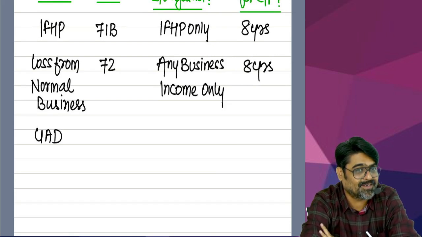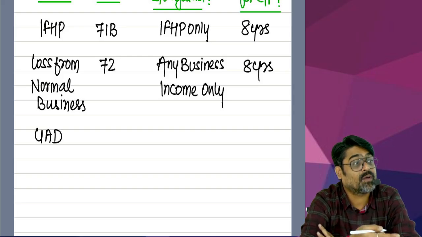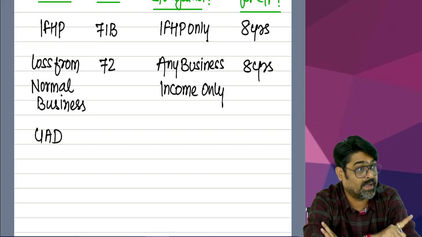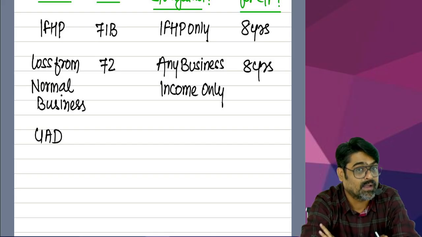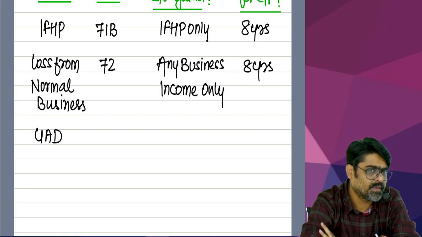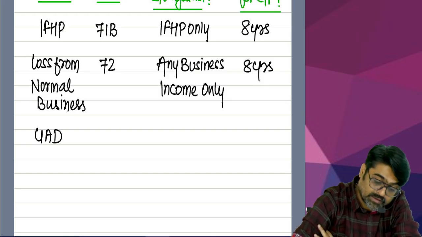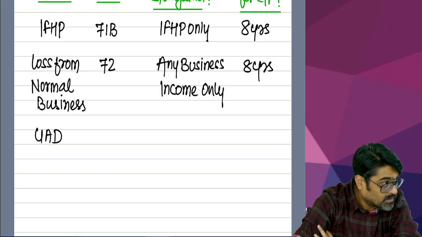Do you remember we had a discussion about unabsorbed depreciation? This year's unabsorbed depreciation can be set off against any business income, if not then any other head income except salary. But if it cannot be set off in this year, then even that unabsorbed depreciation can be carried forward. But its carry forward is not as per section 72.